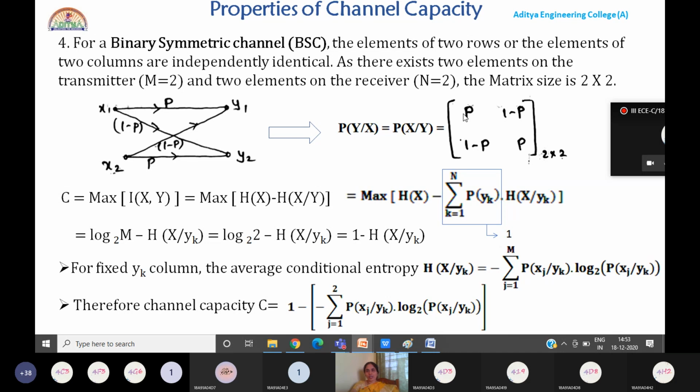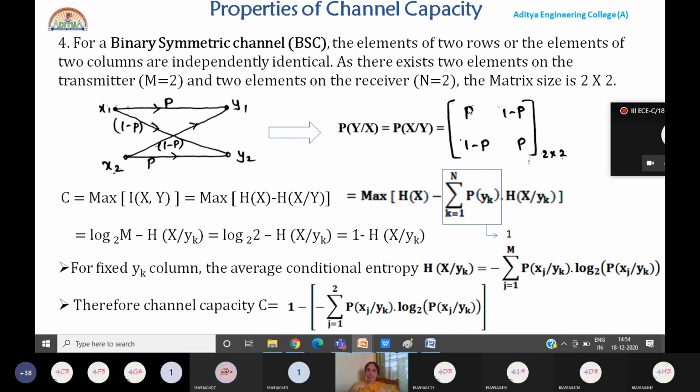What is the condition for a joint probability matrix? Sum of all the elements in the matrix should be equal to 1. But if you see the sum of elements in the first row, it is P plus 1 minus P, it will be 1. The sum of elements in the second row is 1 minus P plus P, so it will be 1.